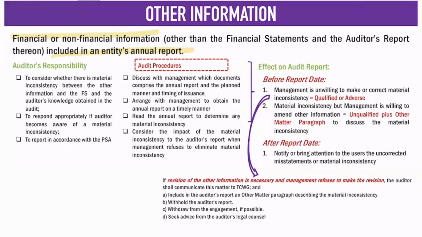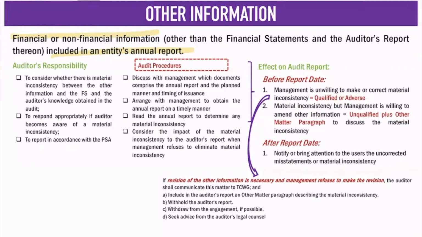Normally, it is a document or a combination of documents provided on an annual basis by management concerning information on the entity's operations and financial results. Normally, they provide that annual report together with the FS and anything considered significant on the operations of the entity. So what is your responsibility as to this other information?